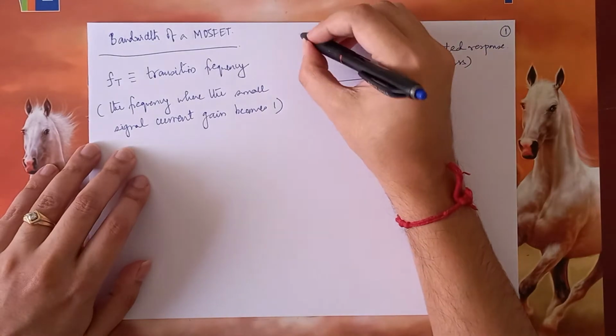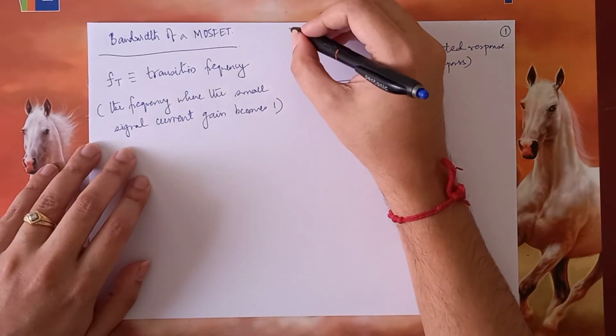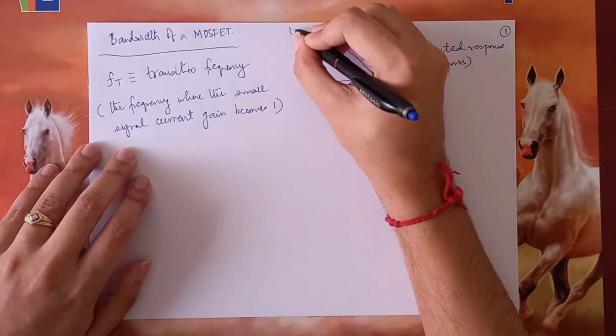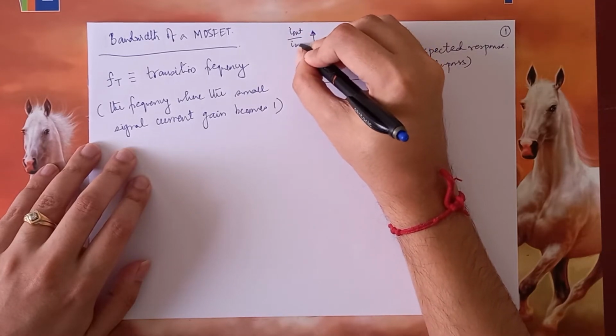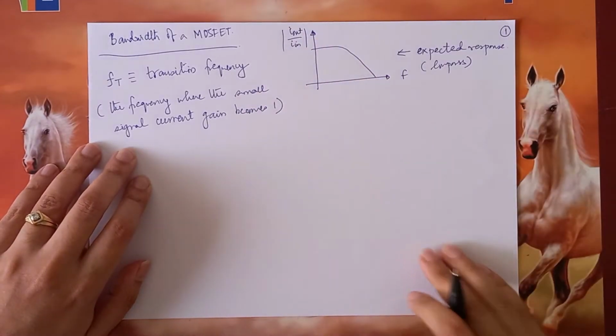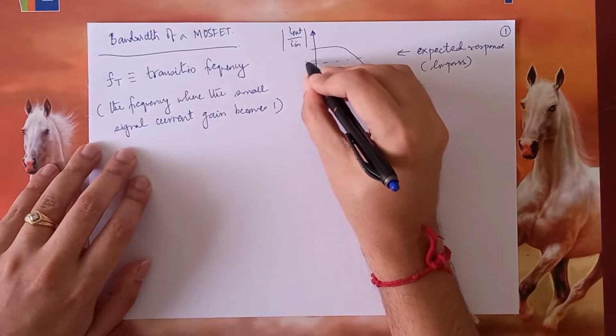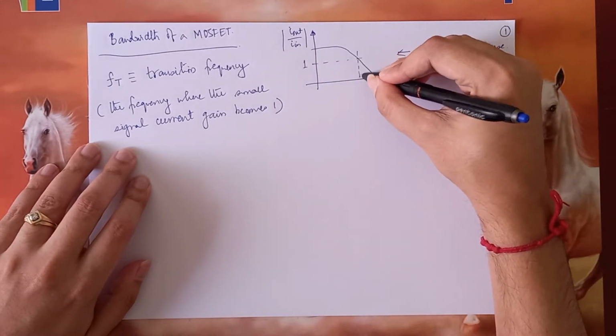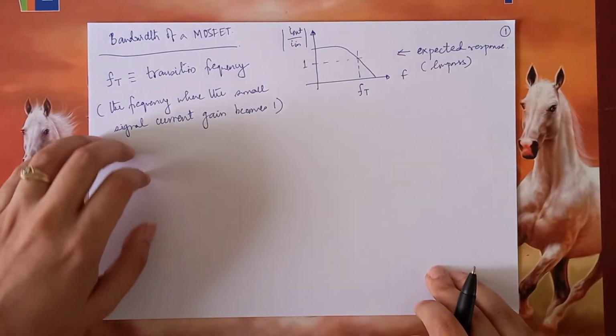So if I define the y-axis as the magnitude of I out by I in, then the frequency where the gain essentially becomes 1, that is called Ft.